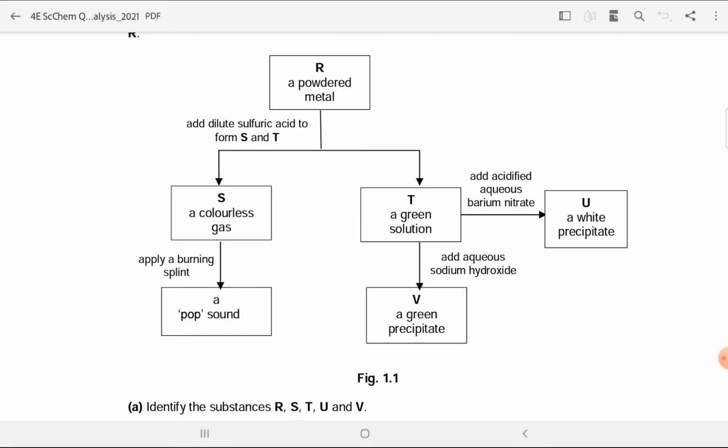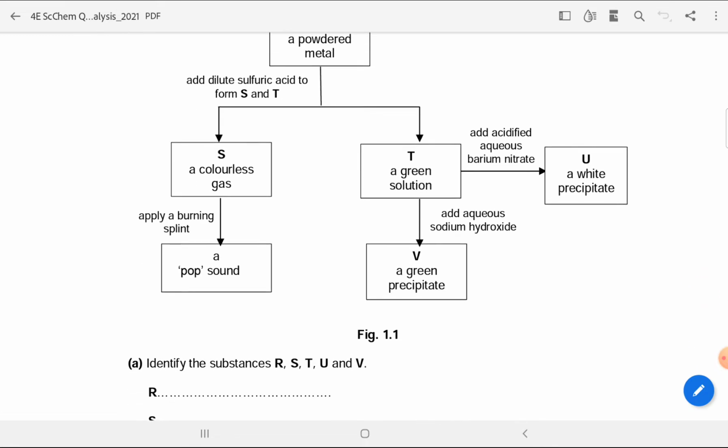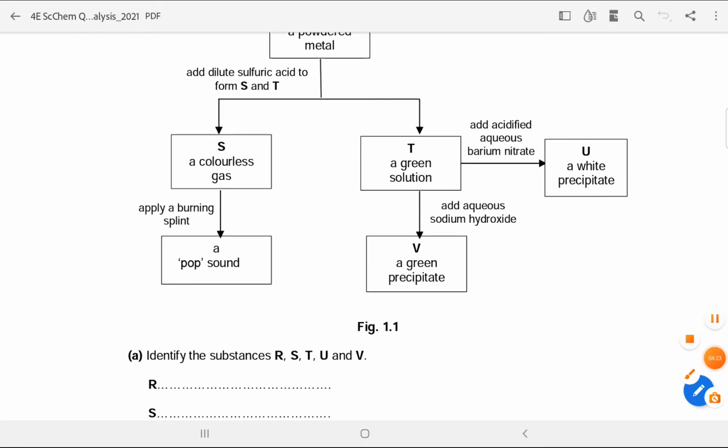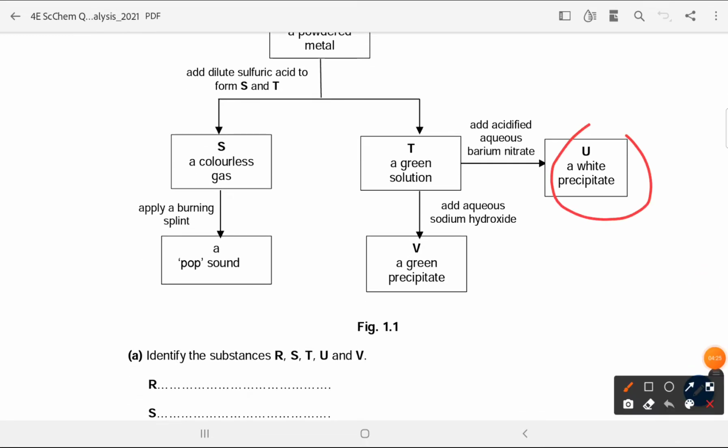This white precipitate here is actually barium sulfate, BaSO4. So this green solution has sulfate, but sulfate is a negative ion. But how about the positive ion?